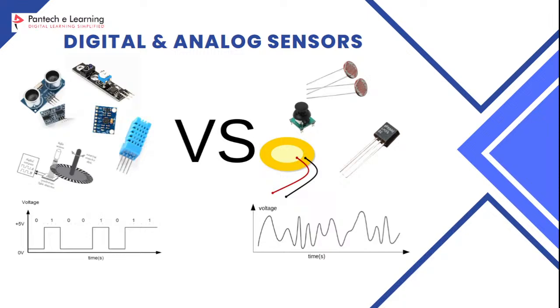Okay. Analog captures continuous variation, whereas digital is stepped or discrete. Digital gives output in digital form. Ananta Shrikar, okay.